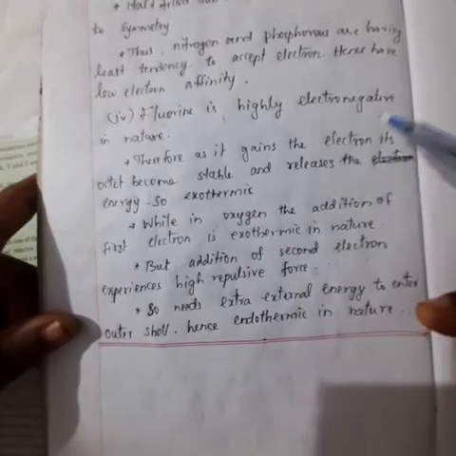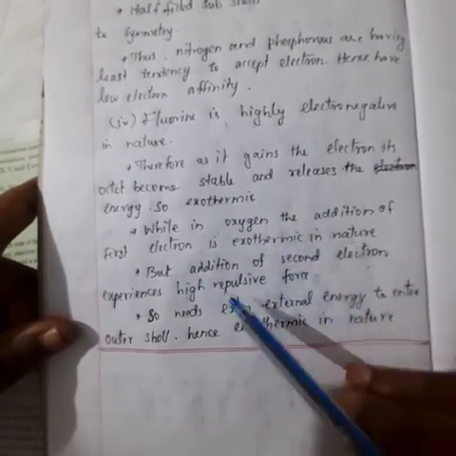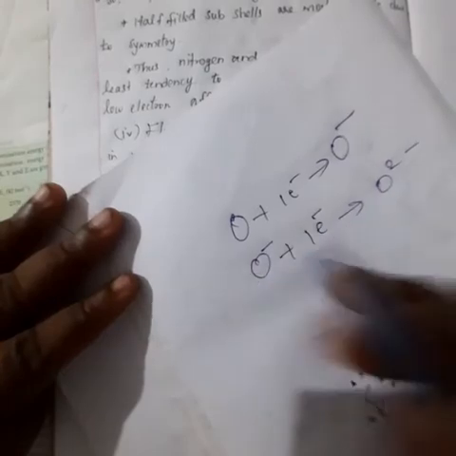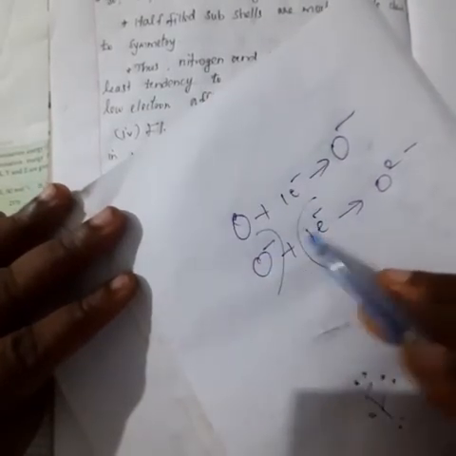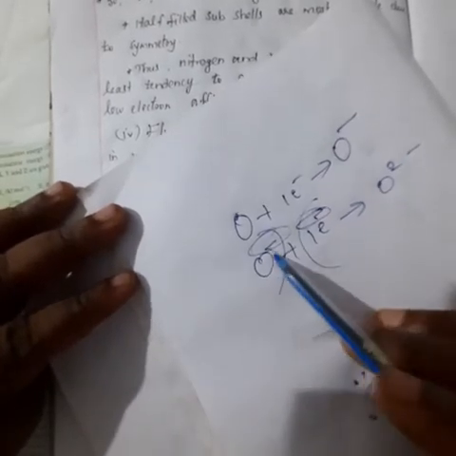But in the case of oxygen, one electron we can easily add. When we add one electron in the outermost orbital of oxygen, it releases energy, so it is exothermic. But when we add a second electron in the outer shell of the oxygen atom, repulsive force is experienced, because one electron is already added and another one is going to be added, so greater repulsive force acts there.